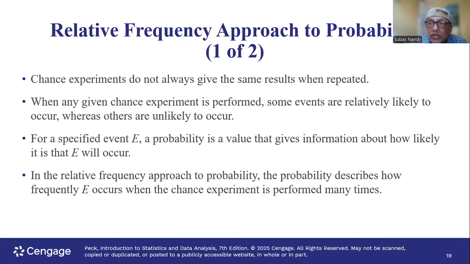Long term probability. It's a relative frequency approach. That means out of the total 5,000 tosses, how frequently head occurs, which is 2,500 out of 5,000, or 0.5.